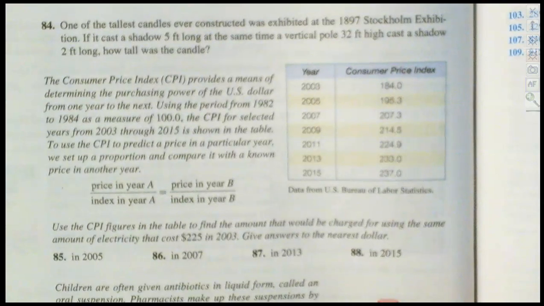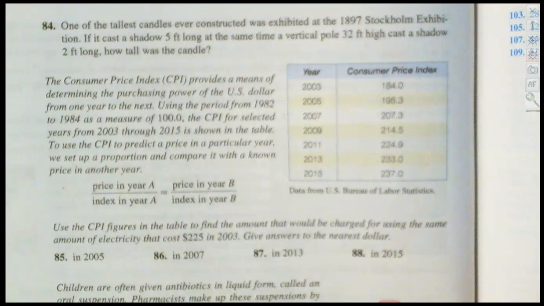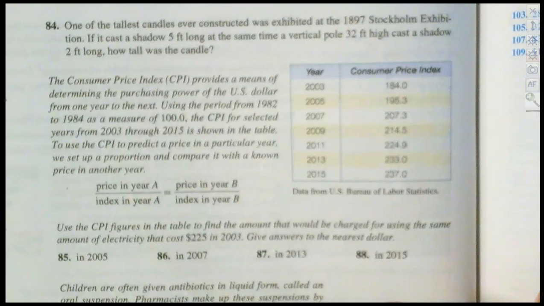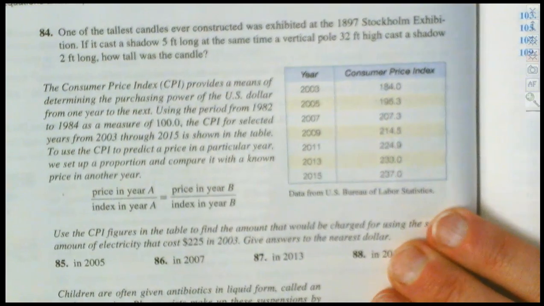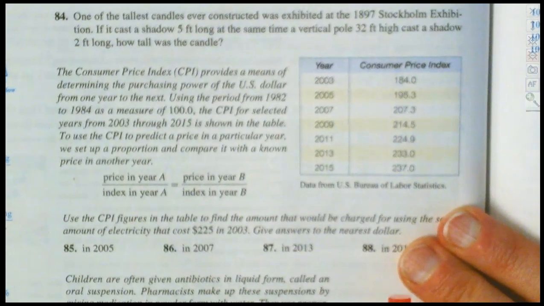Now, the consumer price index allows you to adjust the price for inflation. So you can take what you paid for an item in 1980 and figure out how much that item would cost in today's money. Because we have inflation, things are always going up. It doesn't go up the same rate every year, but you can use this table to calculate approximately how much that item should cost at different years.